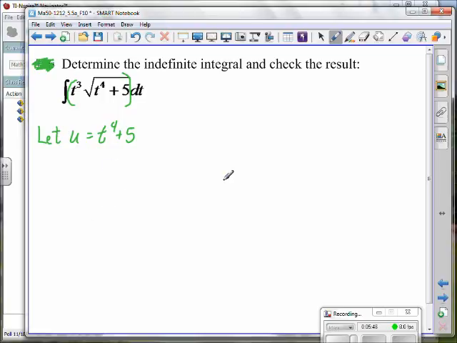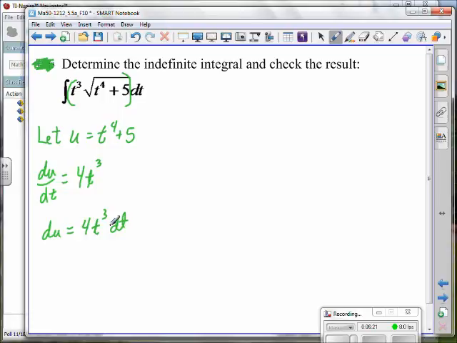If u has that value, can you take the derivative with respect to t of that? Yeah, 4t cubed, sorry. Can we write that as du equals 4t cubed dt?